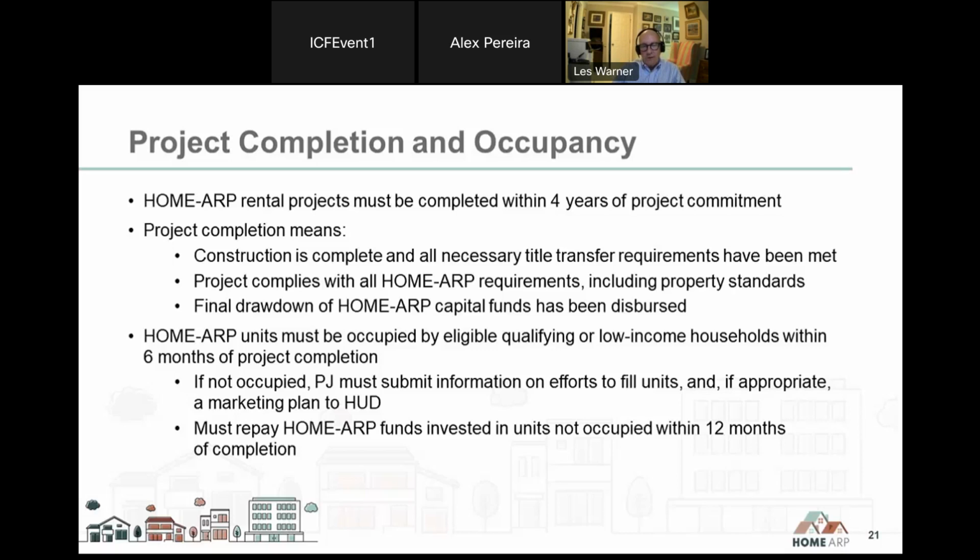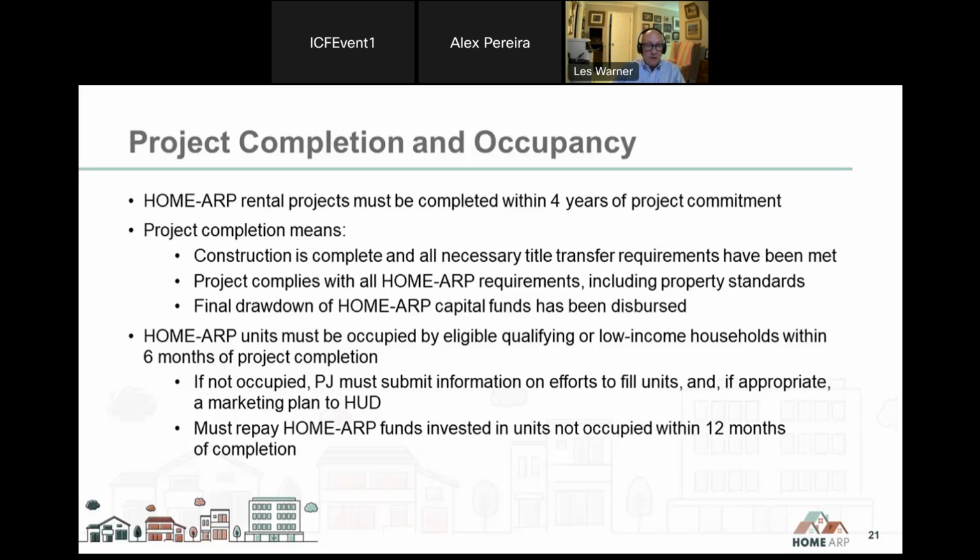At that point, we would consider that project to be completed. So we need all of that to happen within that 4-year time frame. I would think that most folks are going to set their project completion deadline to something lesser than that 4-year maximum that is set by the HOME-ARP program, so that if there are any bumps in the road, you could work with that project and make sure that you actually meet the 4-year maximum that's in place for HOME-ARP.